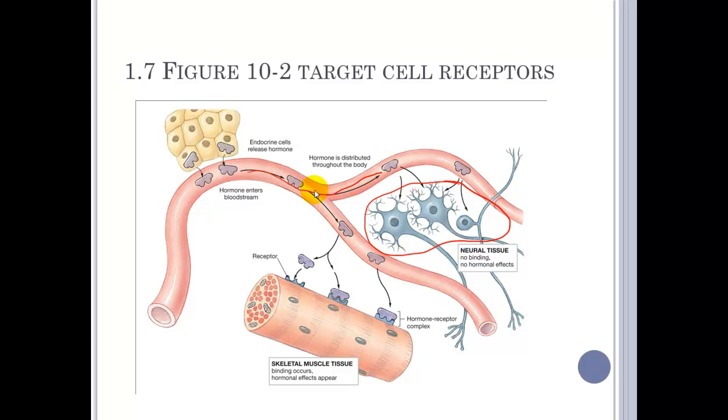In this case, it goes through the body until it finds a receptor site. An example is here. And this receptor site will change or alter the way that this muscle interacts with its environment. There are a few more steps to this whenever it binds to the outside, and we get a hormone receptor complex, and we'll talk about that in a few more slides.